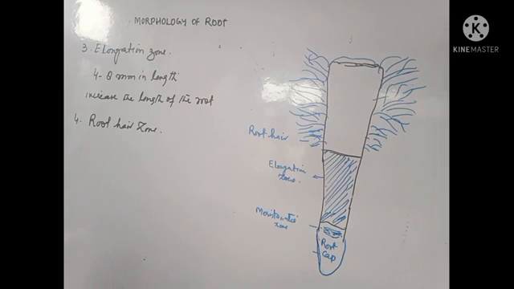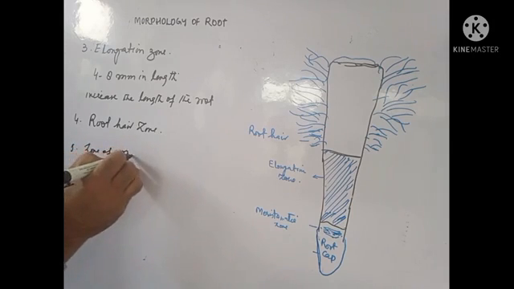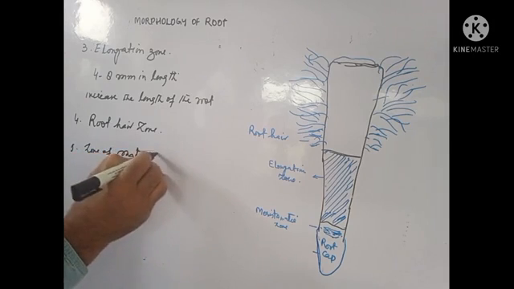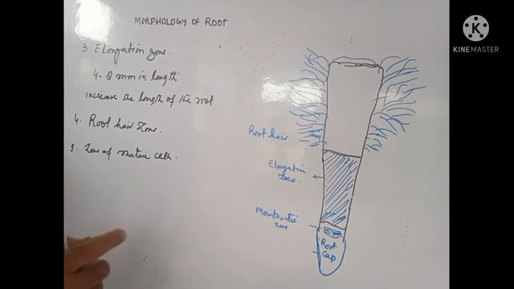After this zone, we also write zone of mature cells. This is the last zone. It forms the bulk of root and there is no further change in the cells of the zone.